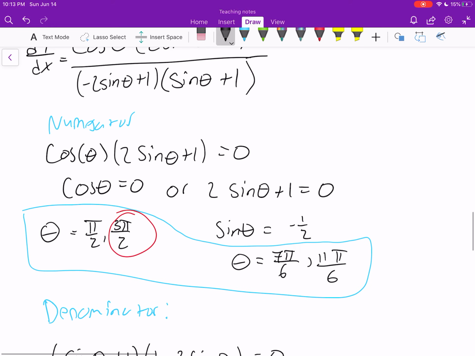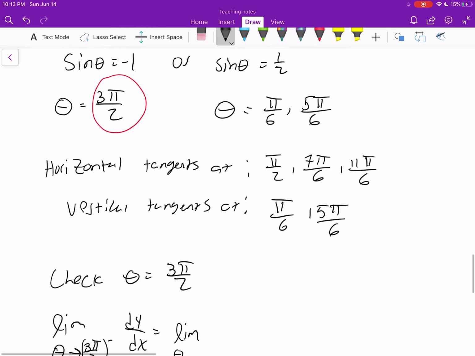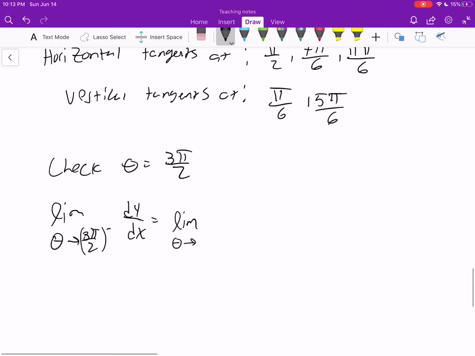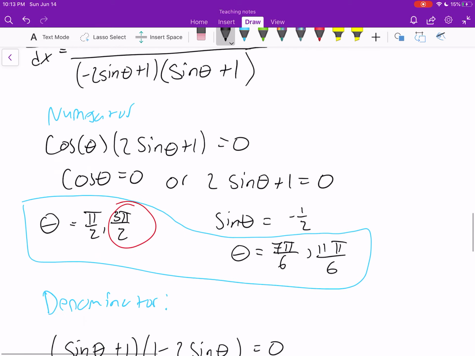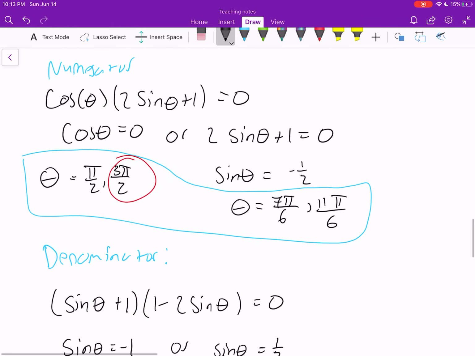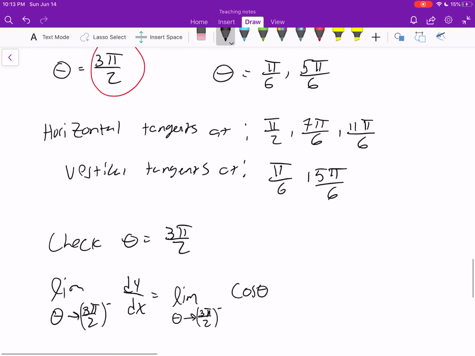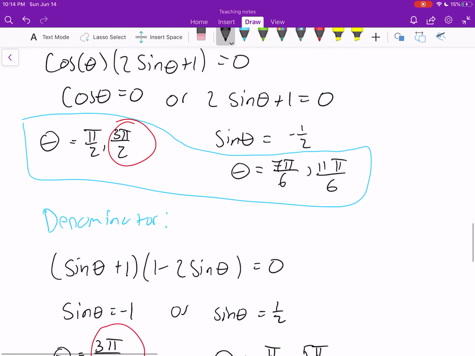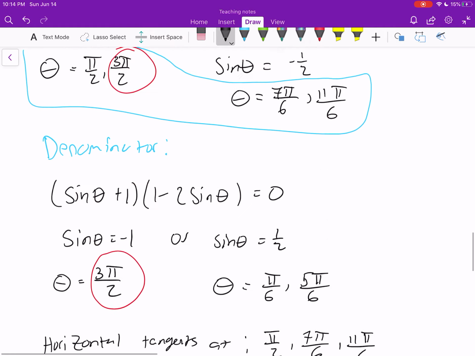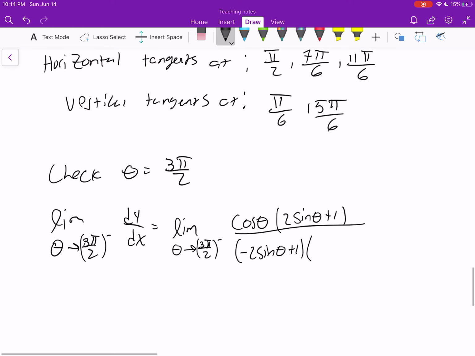So I'll walk through this slowly. The limit as theta approaches 3 pi over 2 from the left of cosine theta times 2 sine theta plus 1, divided by negative 2 sine theta plus 1 times sine theta plus 1.